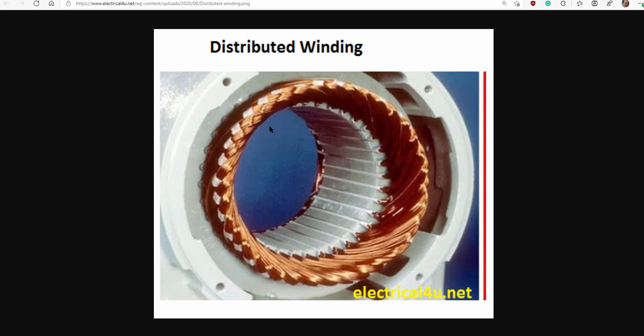Of course, we generally use three-phase windings. In such a picture, there are properly arranged serially connected three-phase windings. The main property is that they are distributed.